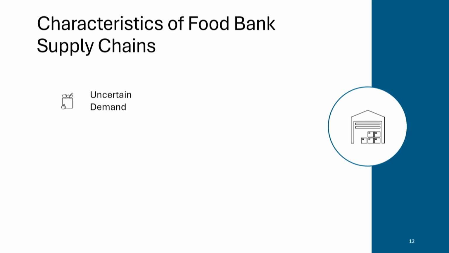So when we think more broadly about the characteristics of food bank supply chains, I've already showed you how there's uncertainty in the demand, both spatially and temporally, and there's uncertain supply, and that uncertainty manifests not only in the frequency of donations, but also in the type of donations received, the quality associated with the donations, and the type of donors and the frequency with which those donors are going to provide food or monetary donations.